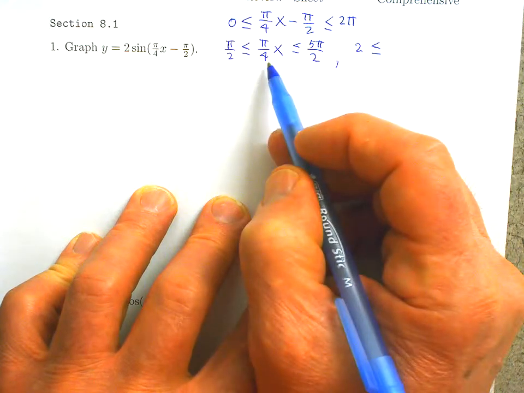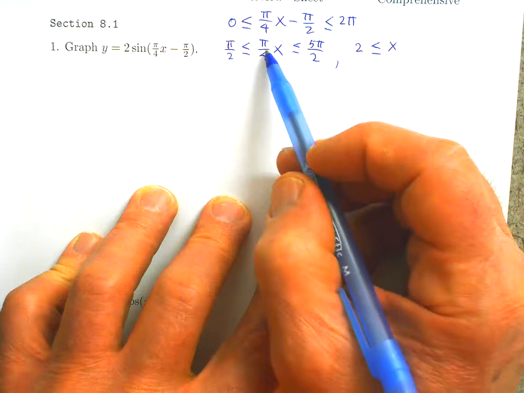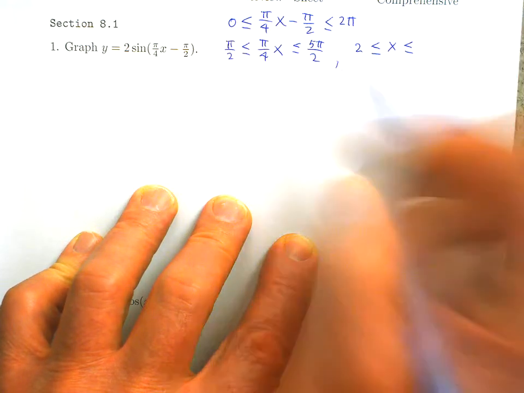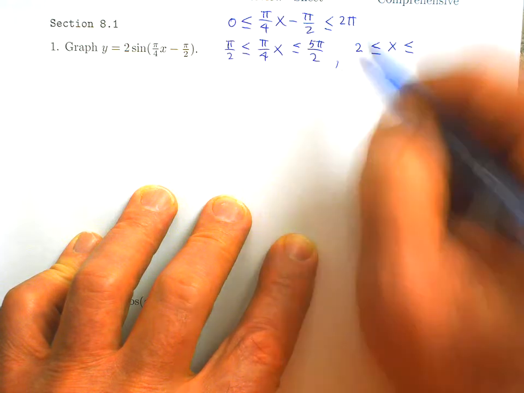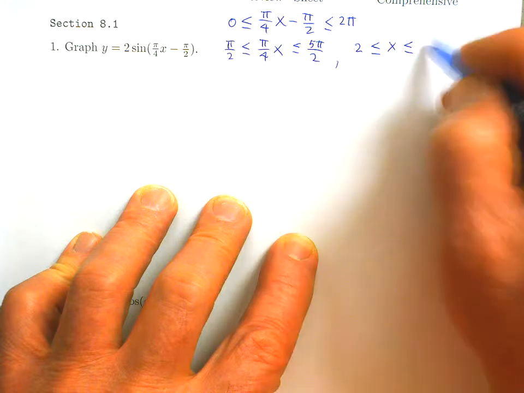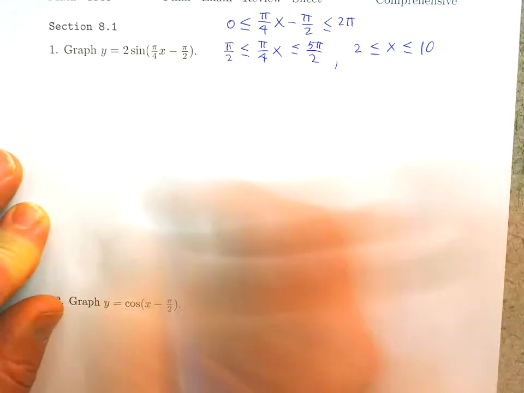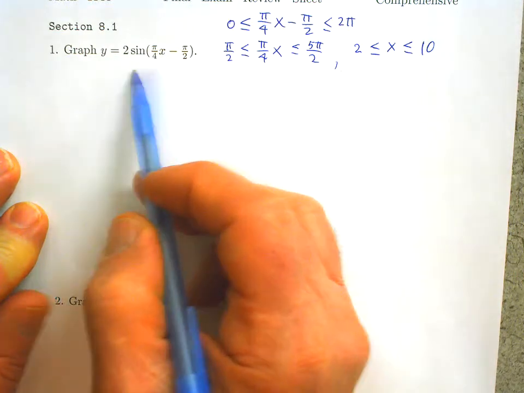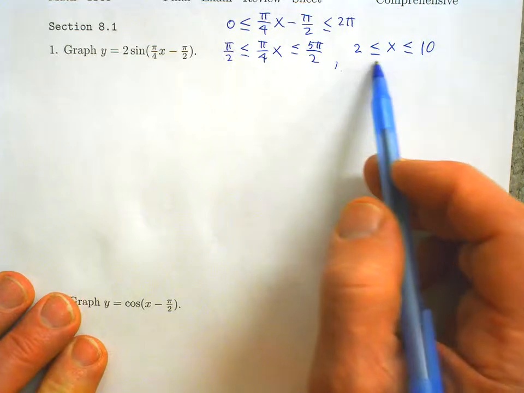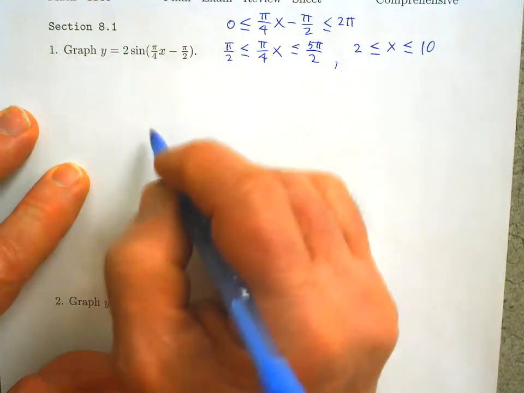The middle part becomes x because a non-zero number multiplied by its reciprocal is 1. And then multiply 5 pi over 2 by 4 over pi, we get 10. So the period of this is 8, from 2 to 10, and I'm going to graph this function on that interval from 2 to 10.